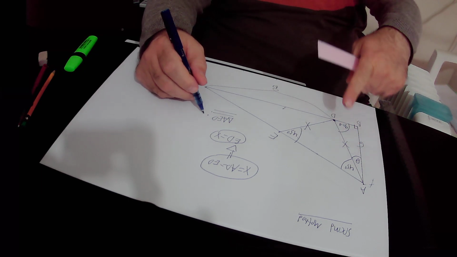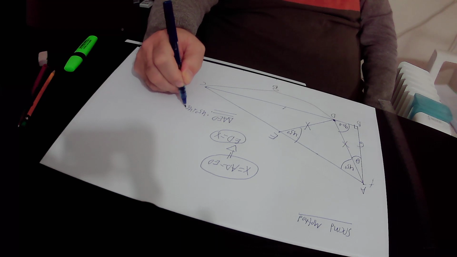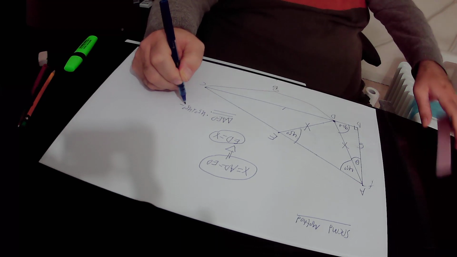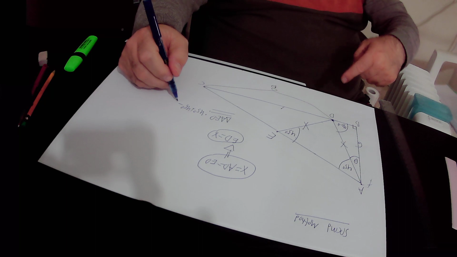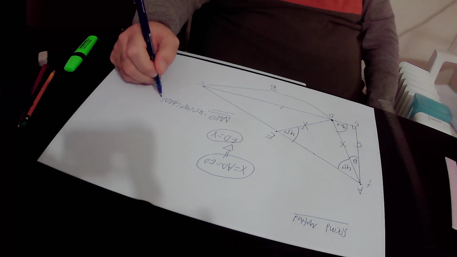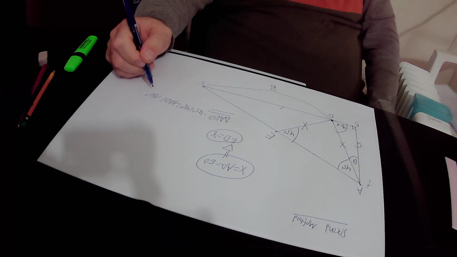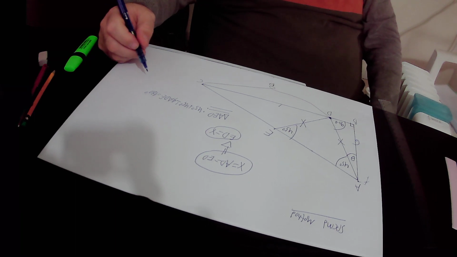We have 45 degrees plus 45 degrees plus this angle, that is angle ADE. In total, the sum of those three angles must be equal to 180 degrees, according to the rule that the sum of the angles in a triangle must be equal to 180 degrees.